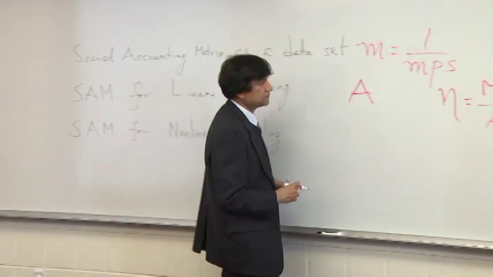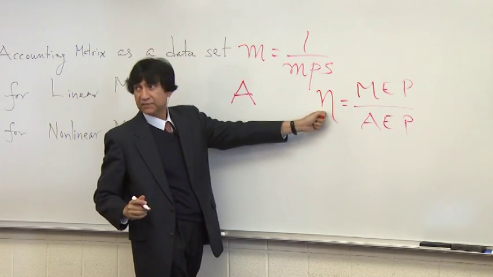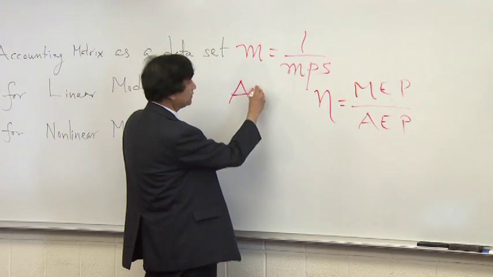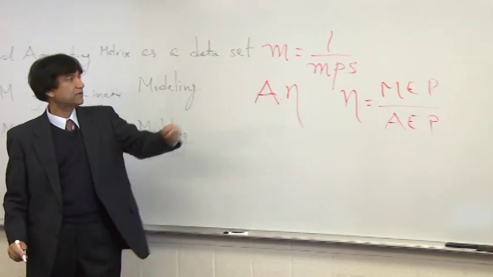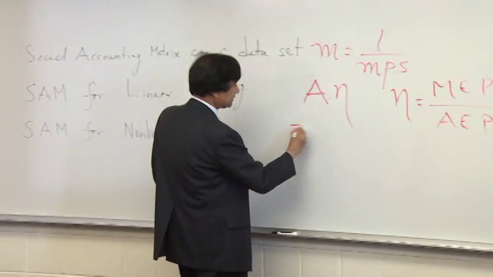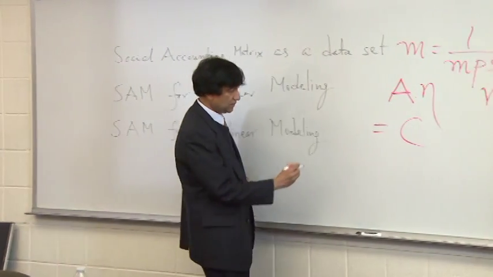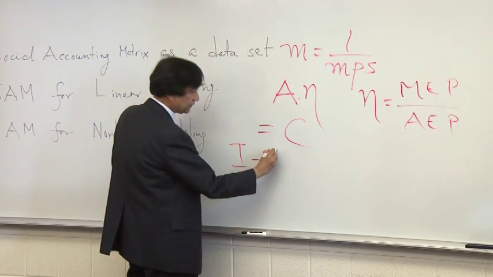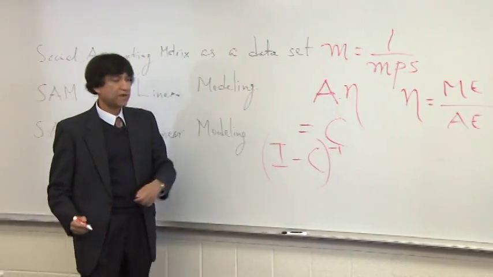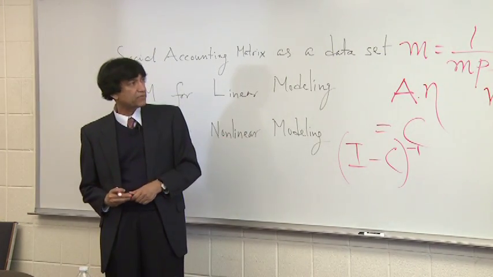If that is the case, then this average propensity multiplied by the income elasticity should give you the marginal expenditure propensity. So this should be A times eta. And let's call that the C matrix. Once you have that, then in analogy with the Leontief input-output inverse, the multiplier is simply going to be the identity matrix minus this C matrix, inverted.